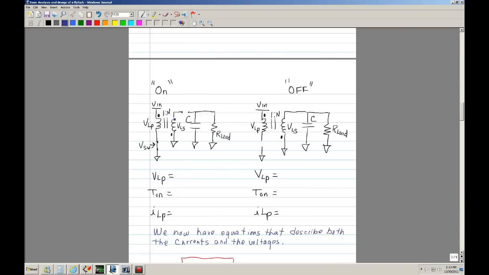So here's the schematic of the transformer during the time that it's on. And when they say that it's on, or T-on, what I mean is that the MOSFET switch is closed. So right here you can tell that it's closed. So what happens when it's closed?